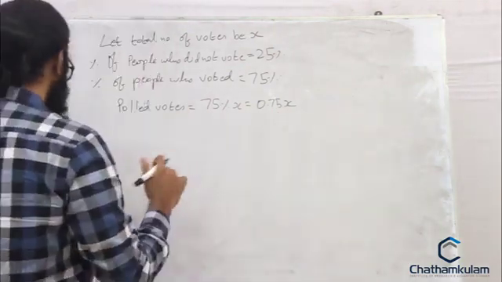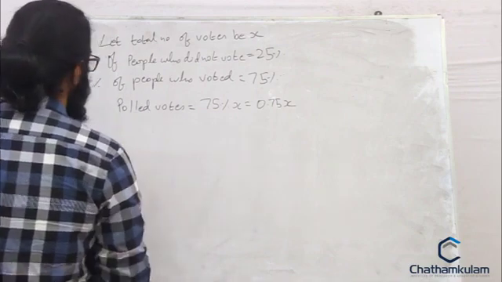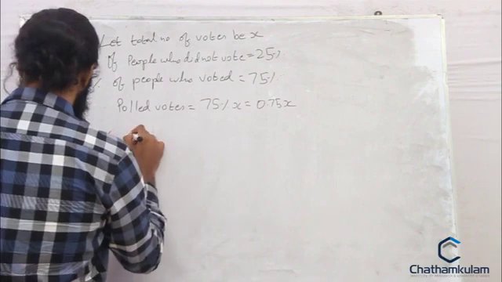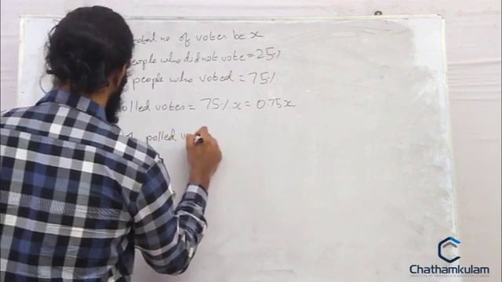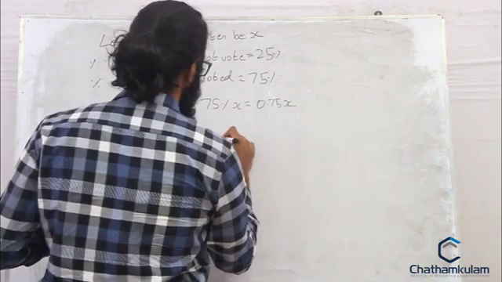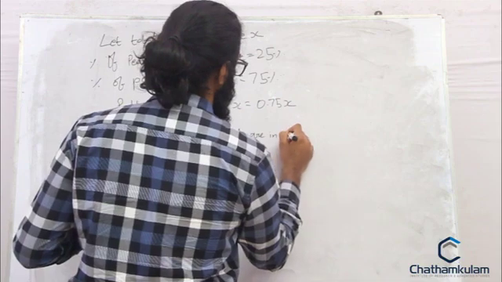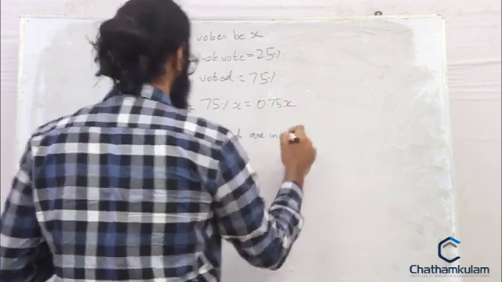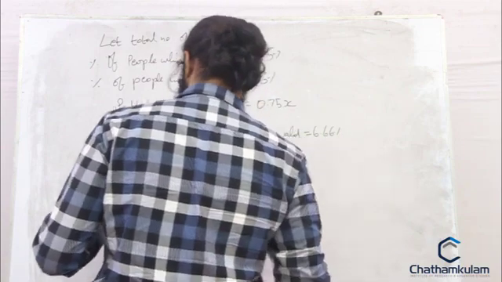Next, the percentage of polled votes which are invalid is equal to 6.66%.